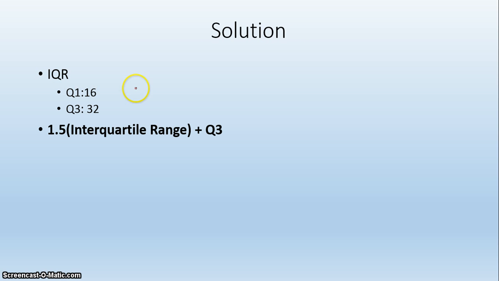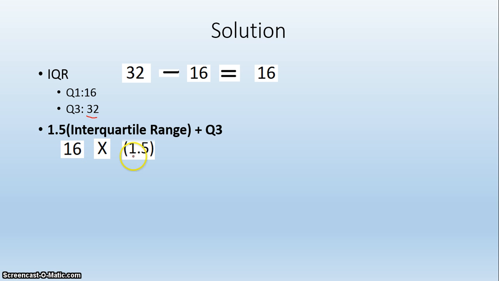Alright, so let's try it. We know our third quartile is the value 32, and we know our first quartile is the value 16. We subtract Q1 from Q3, 32 minus 16, and we figure out the IQR is 16. And now we're going to do the calculation. 1.5 times the IQR, which is 16, equals 24, right?